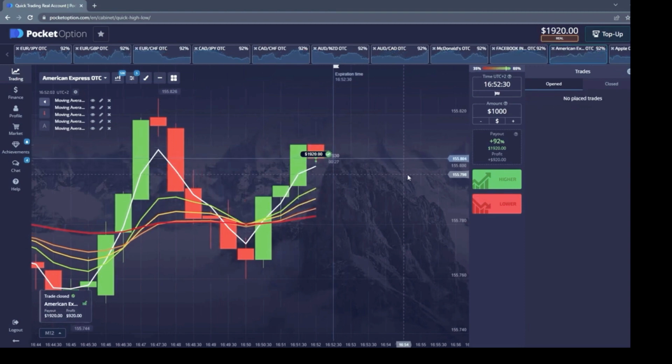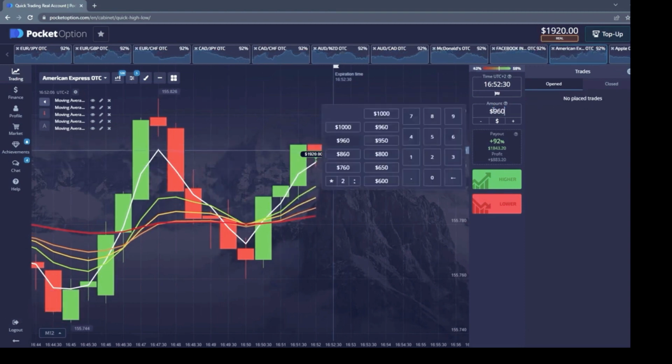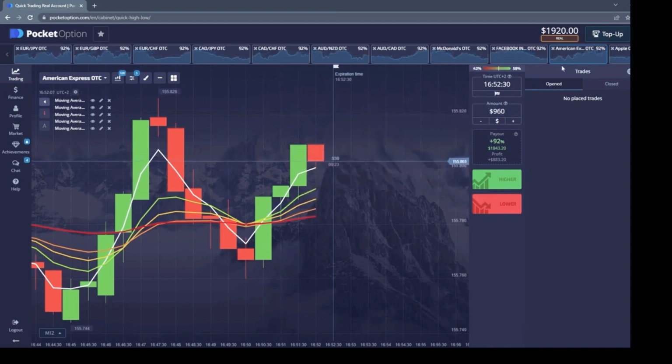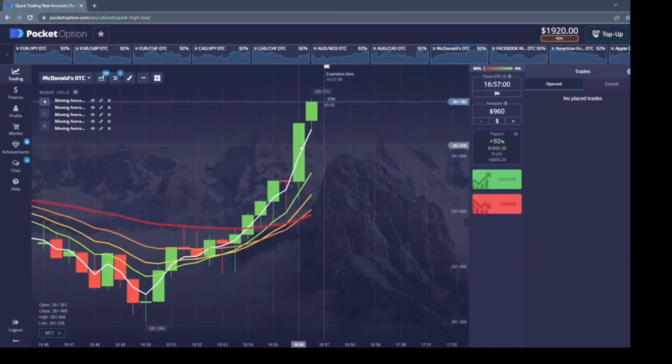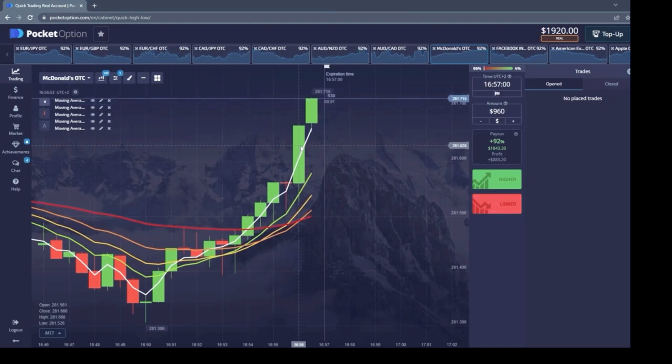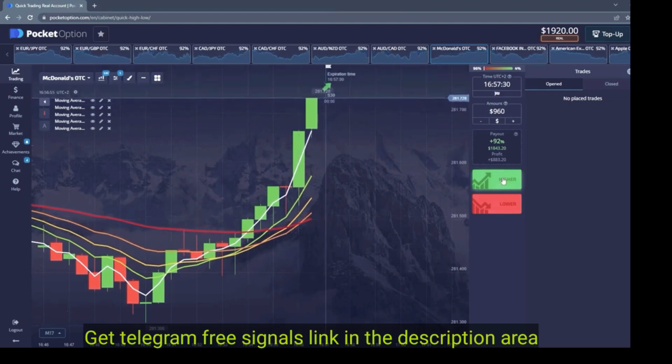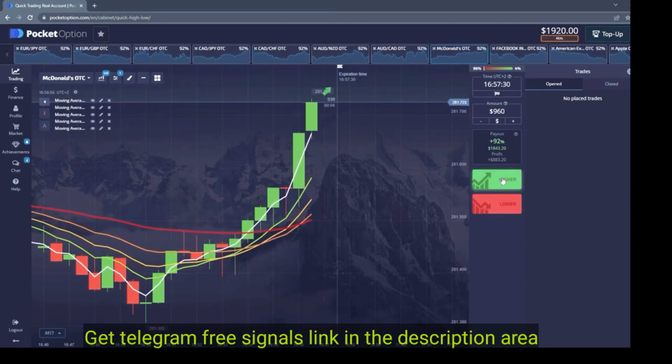First trade 1. Nice beginning. Here they will line up similarly at the close of the current candle.